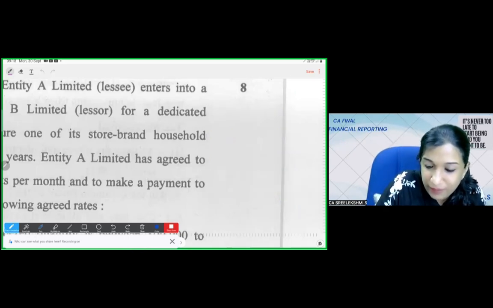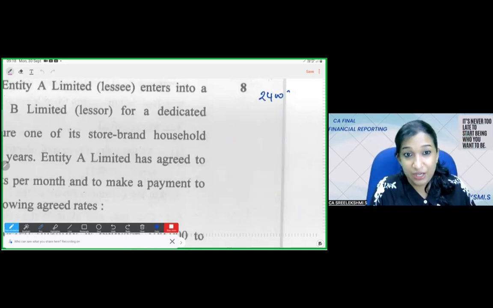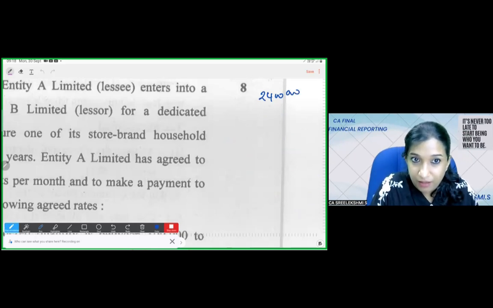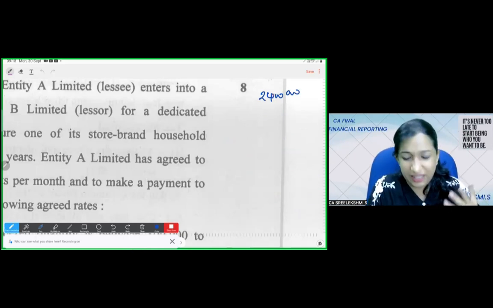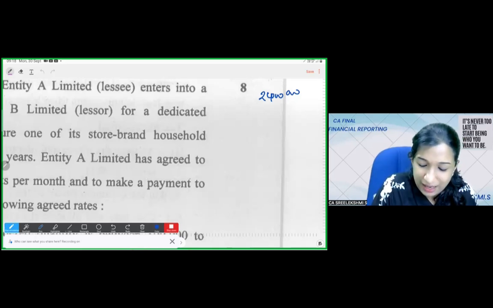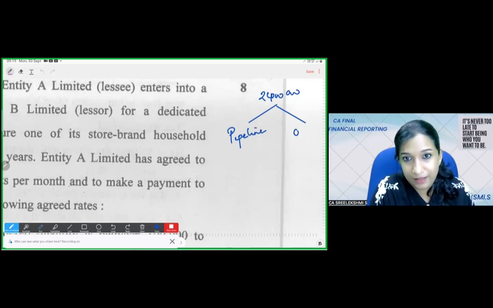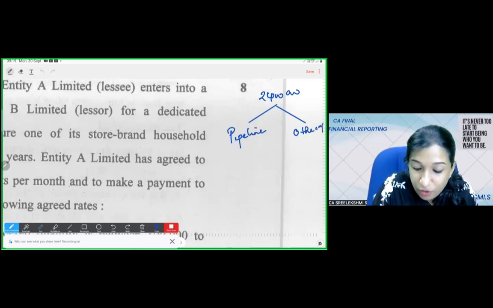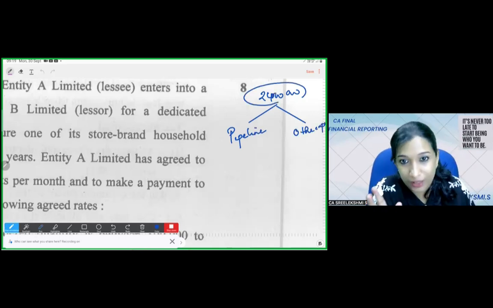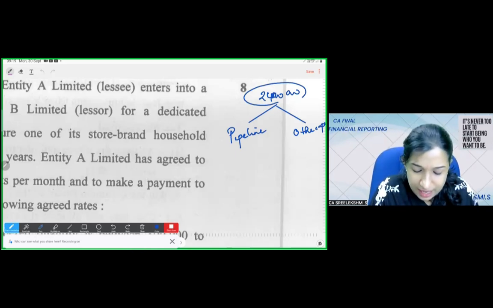So you are paying 240 lakhs, sorry, 240 lakhs, for the pipeline and other expense. This 240 lakhs has to be allocated in the ratio of standalone price.